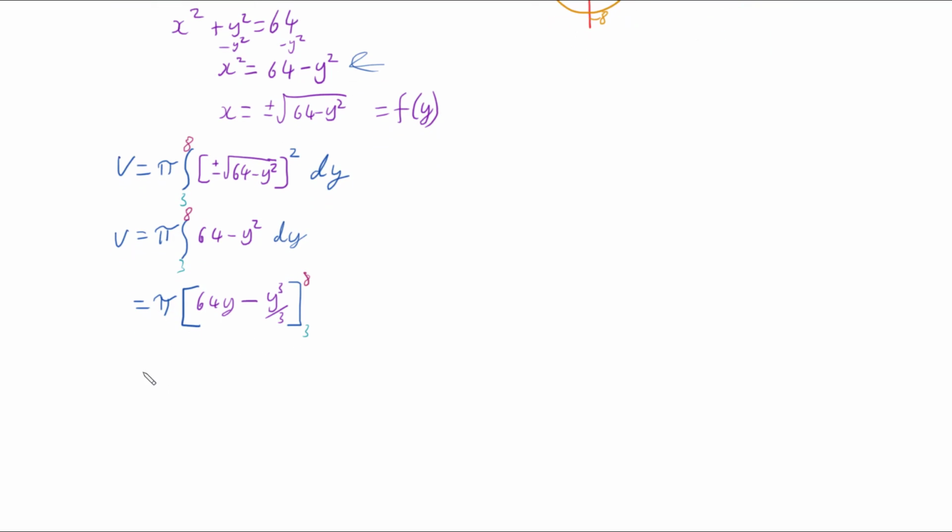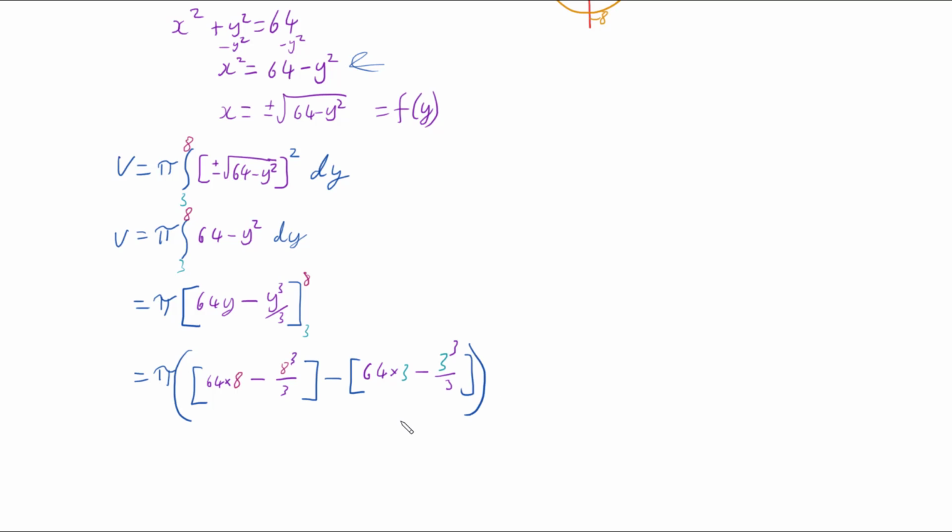So now if we do our calculations, we're going to have pi times 64 times 8 minus 8 cubed divided by 3, all minus off 64 times 3 minus off 3 cubed divided by 3.